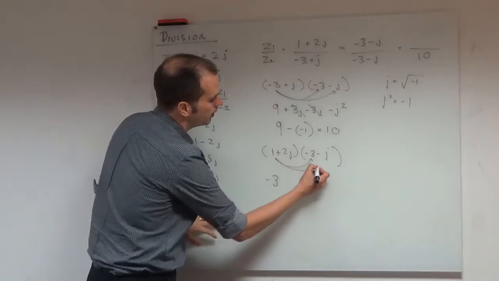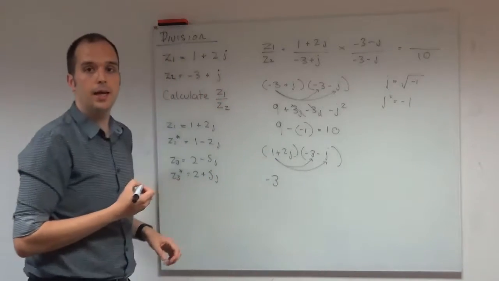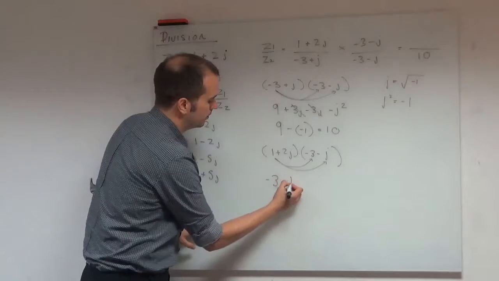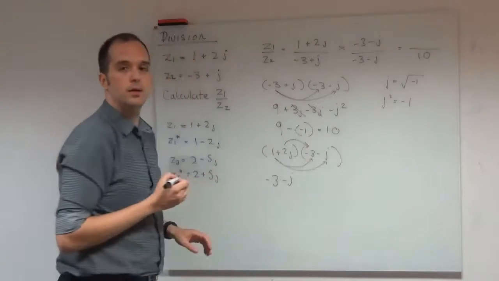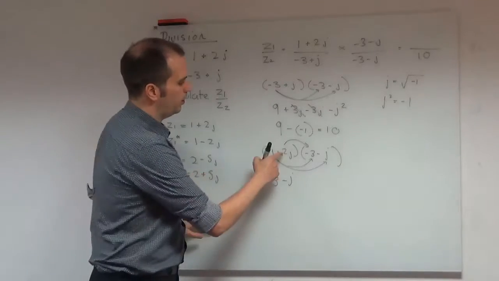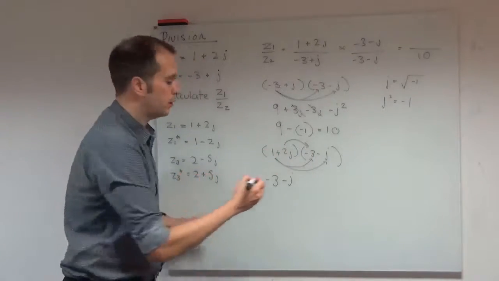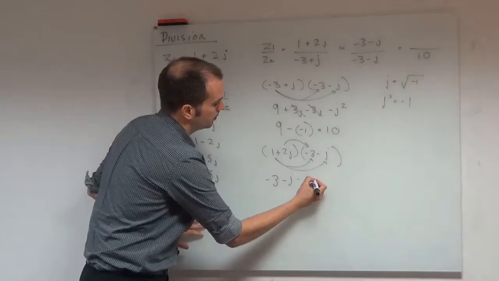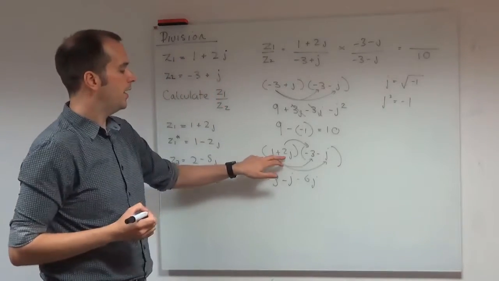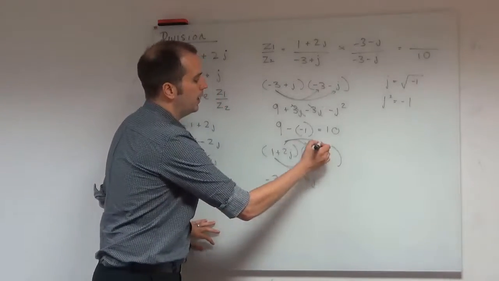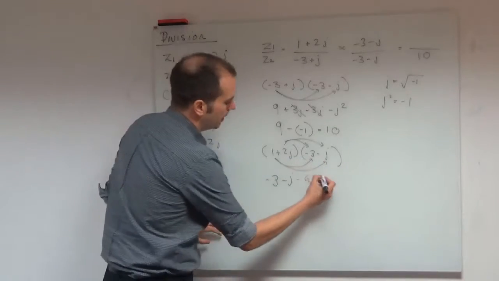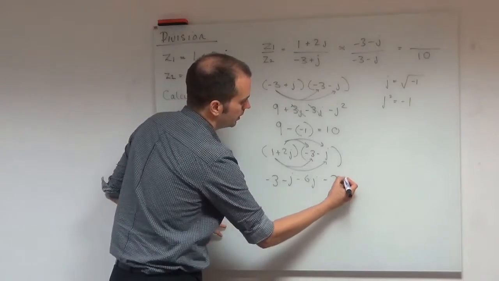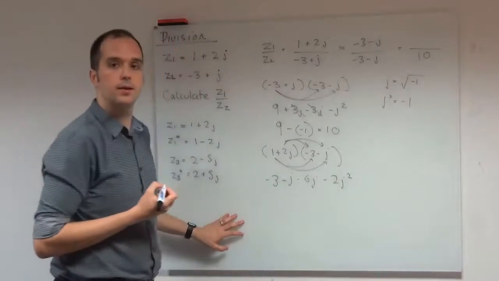I have 1 times minus j, so that's minus j. I have 2j times minus 3, so 2 times minus 3 is minus 6, so I'm going to get minus 6j. And then finally I have 2j multiplying by minus j, so that will give me minus 2j squared.